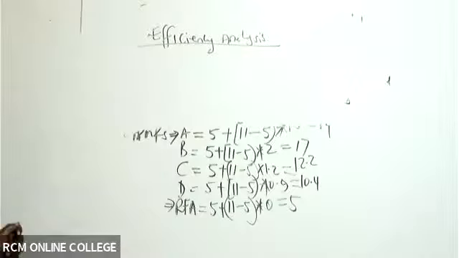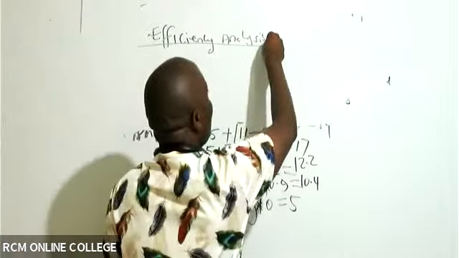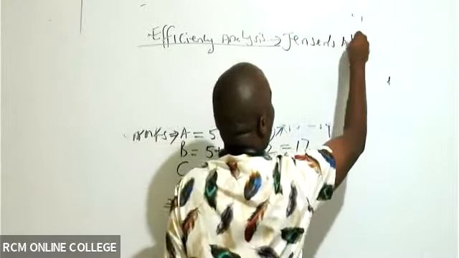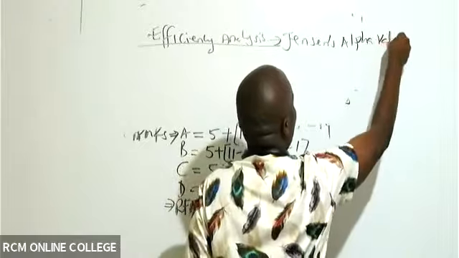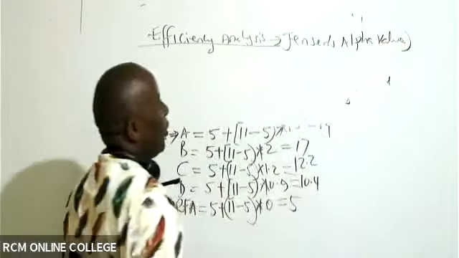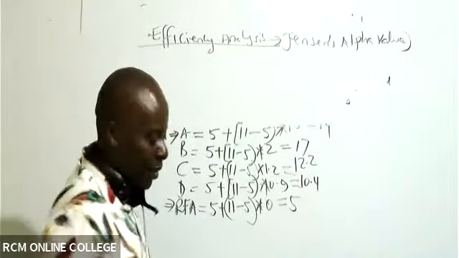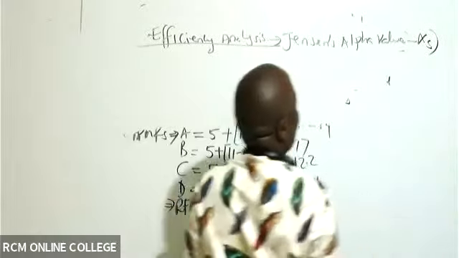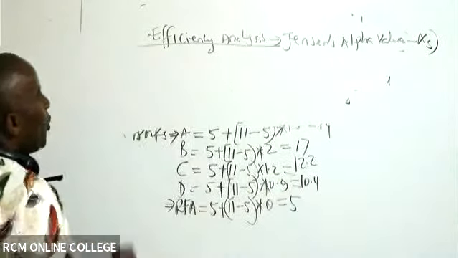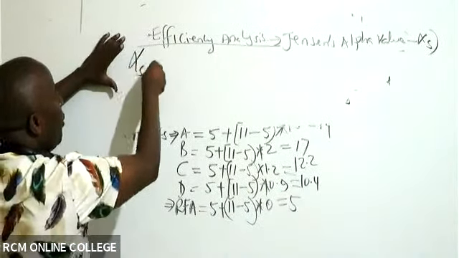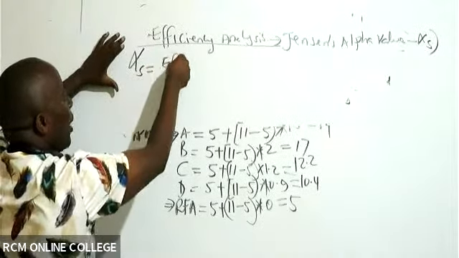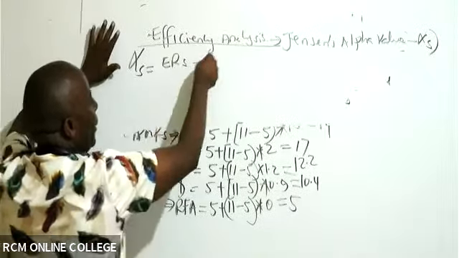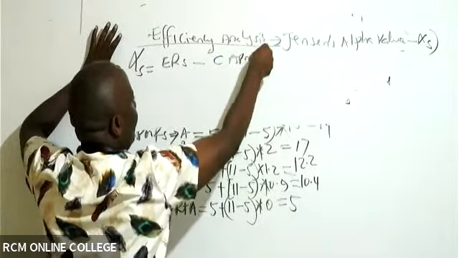With this efficiency analysis, we normally use the Jensen's alpha value. To get this Jensen's alpha value, we normally take expected or actual returns minus CAPM returns.